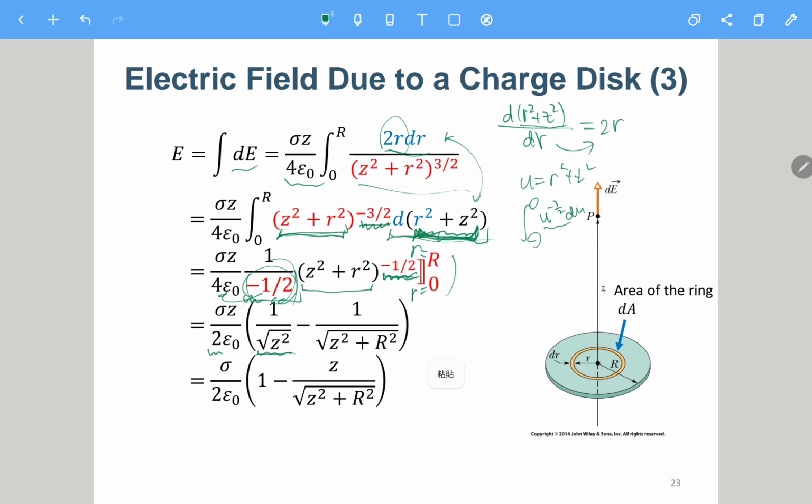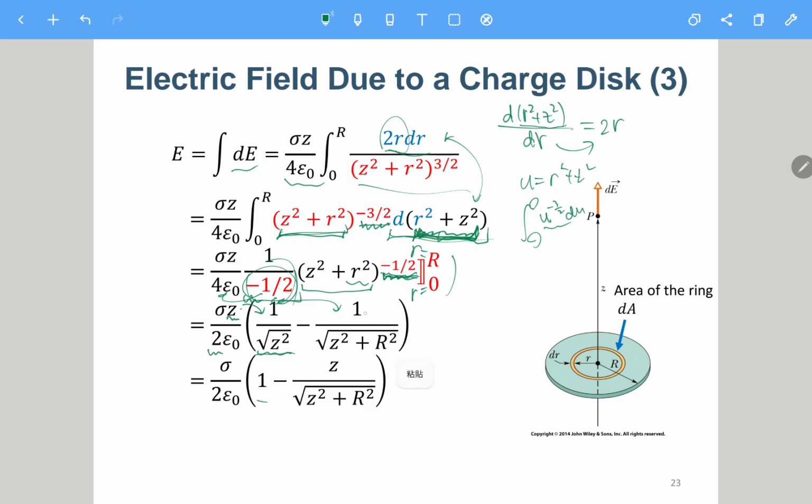And then for the second term, we evaluate r to be capital R and take the negative 1/2 power. So minus 1 over the square root of c squared plus R squared. Okay, like this. And then we distribute this c into here and there. So this c and this square root of c squared cancel each other. It becomes a 1.